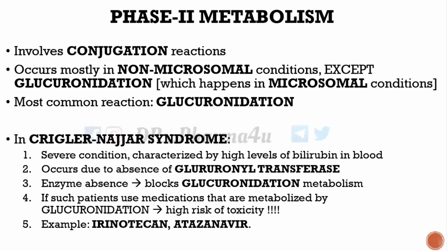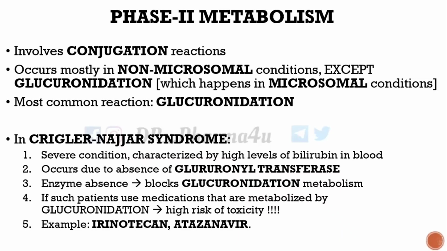But there is a peculiar kind of genetic disorder, and that is called Crigler-Najjar syndrome. If you are studying jaundice, especially for PharmD students, it will be there in your 4th year therapeutic syllabus, so anybody who is studying jaundice should know about Crigler-Najjar syndrome because this can lead to jaundice.